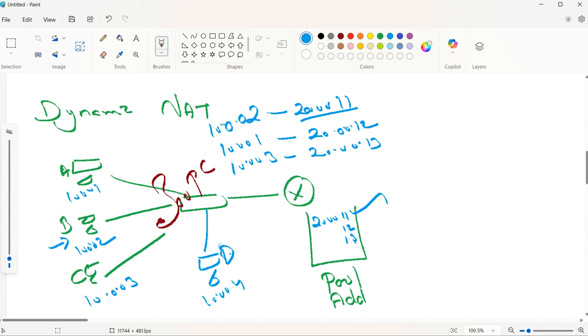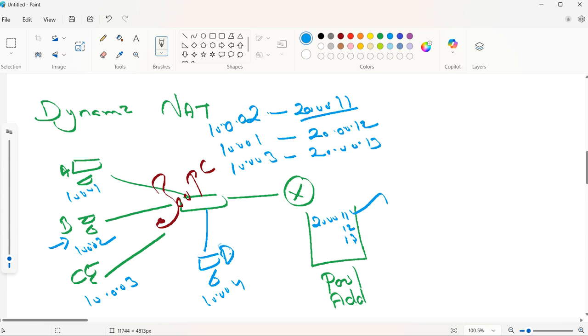That's the problem with dynamic NAT. Dynamic NAT is too slow because it cannot use an address when there is no address. You have to wait till someone finishes their conversation in the network. So the fourth one has to wait.